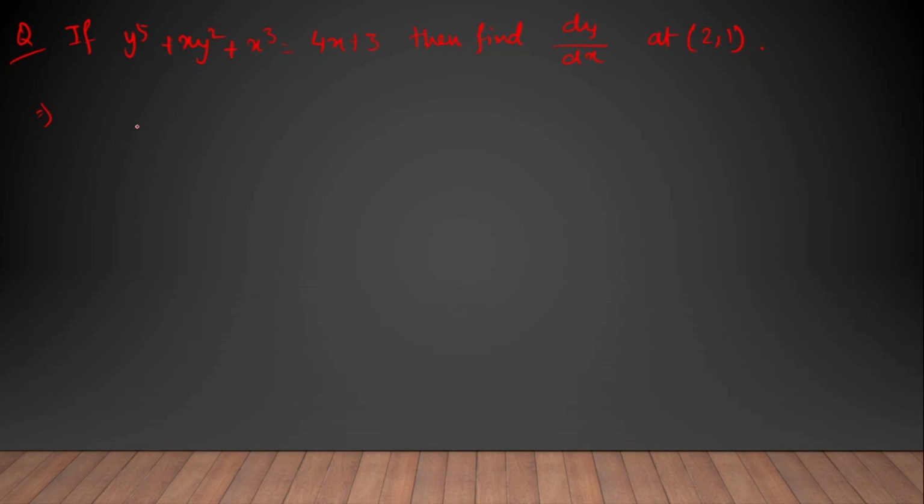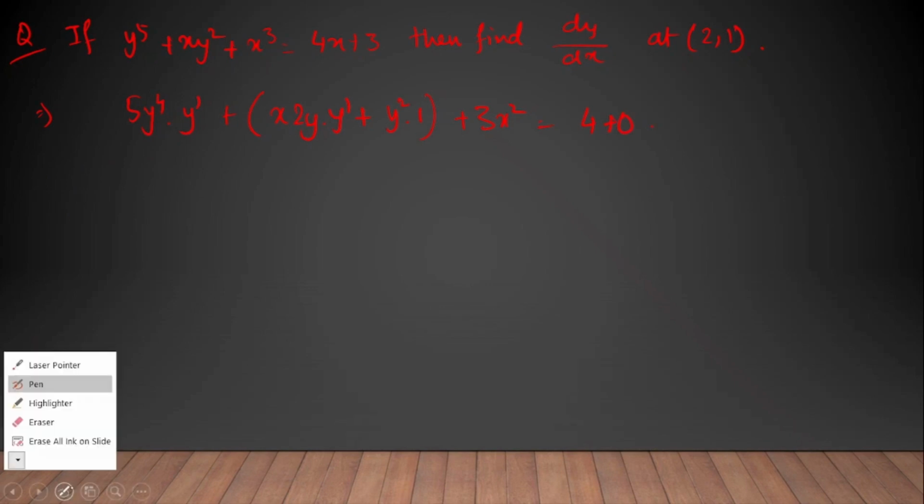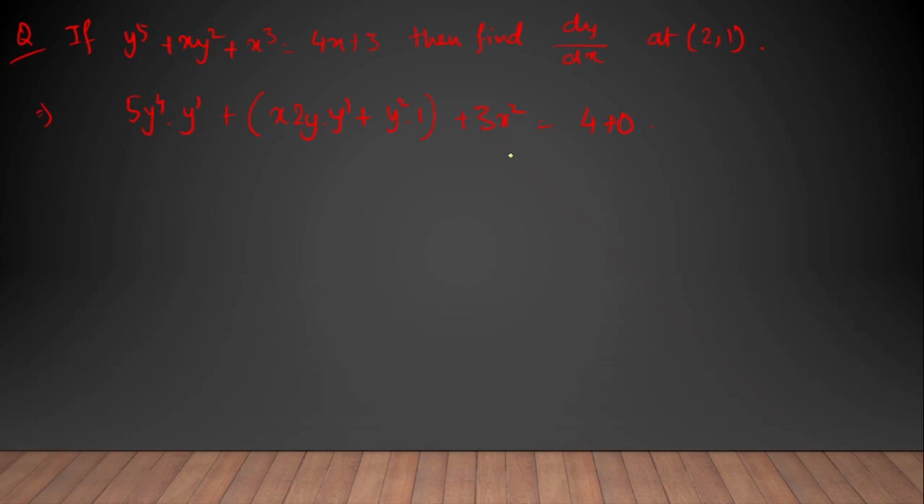We take the derivative on both sides: 5y power 4 into y dash, that is dy/dx, plus x into 2y y dash plus y square into 1, plus 3x square equals 4 plus 0.